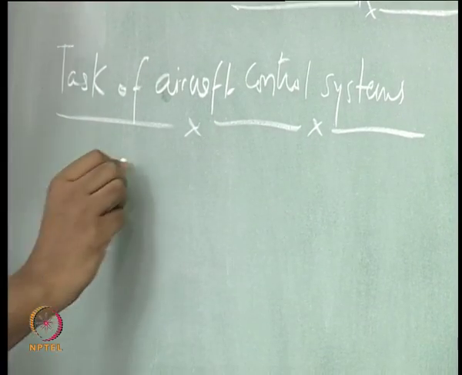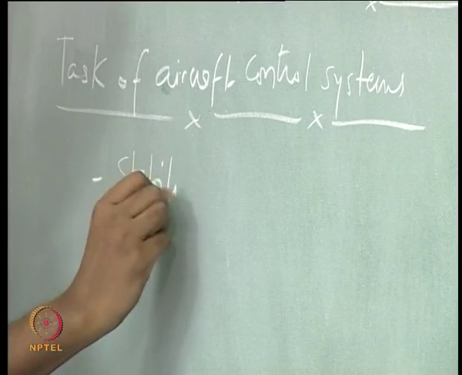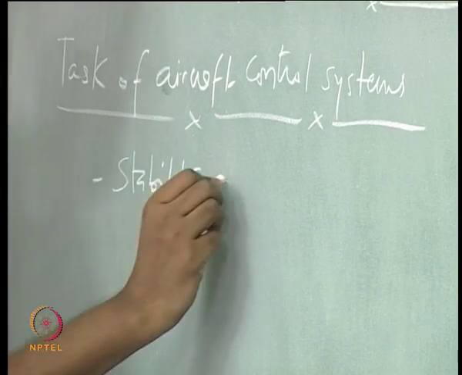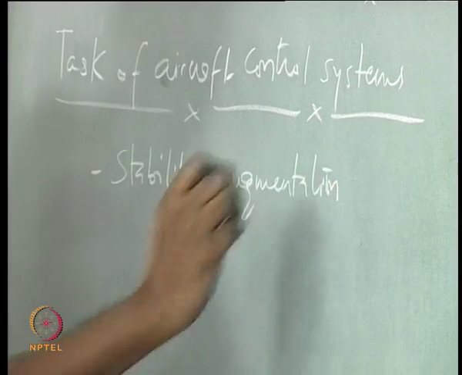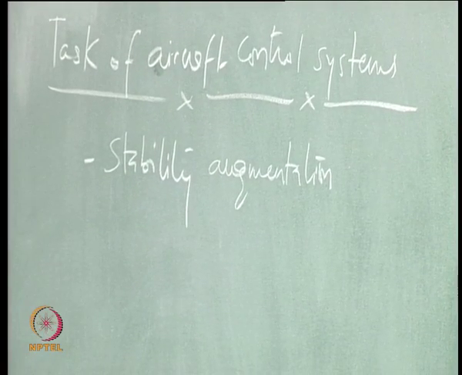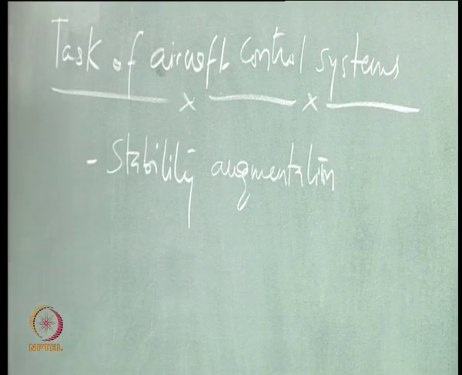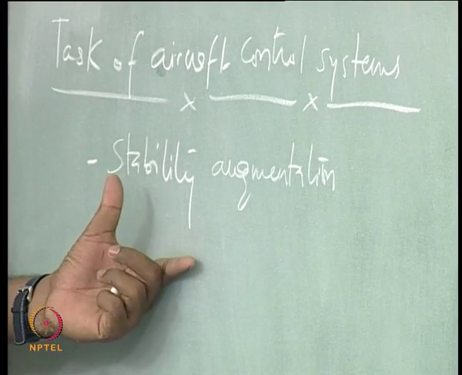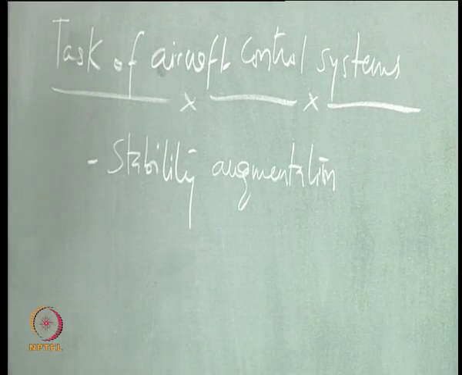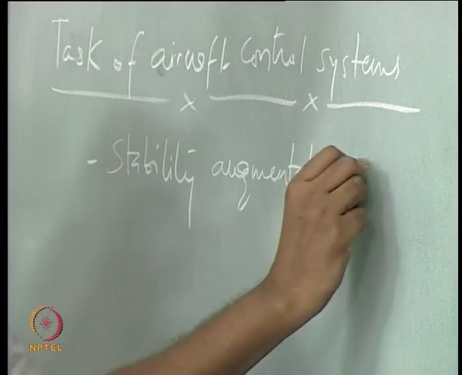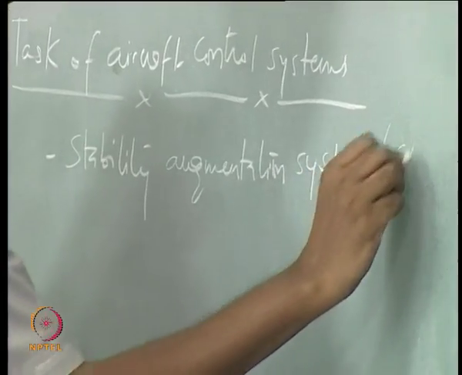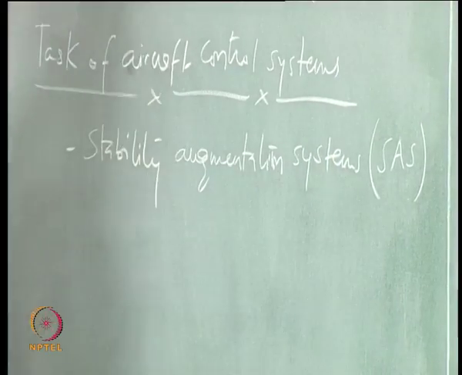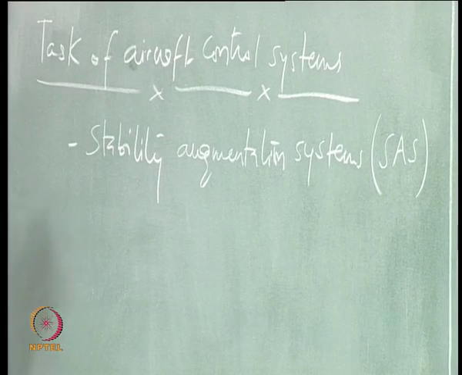One is stability augmentation. So, control systems which result in providing artificial stability to the aircraft are known as stability augmentation systems, and in short form it is also written as SAS.